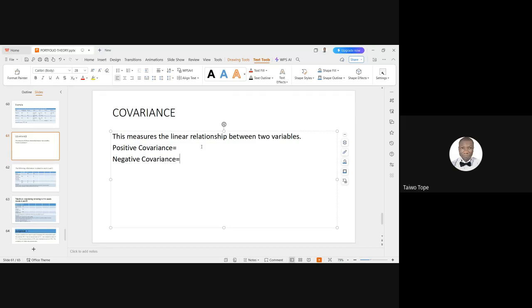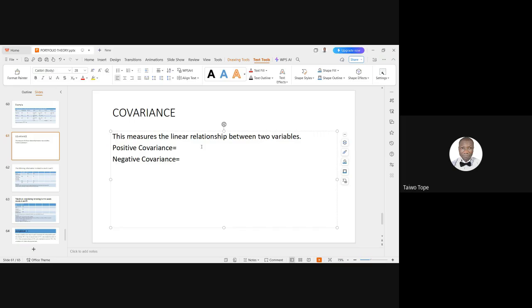It means that the investments move in opposite direction. When stock A is going up, the value of stock B is going down. That is negative covariance. That is, your result is less than zero. When you compute and your result is less than zero, it means you have negative covariance.